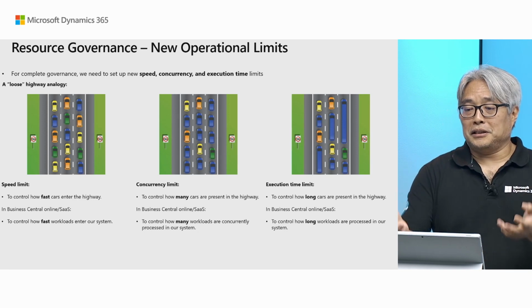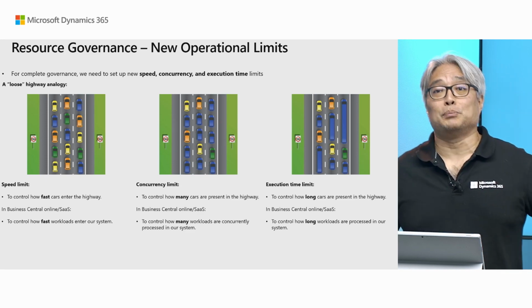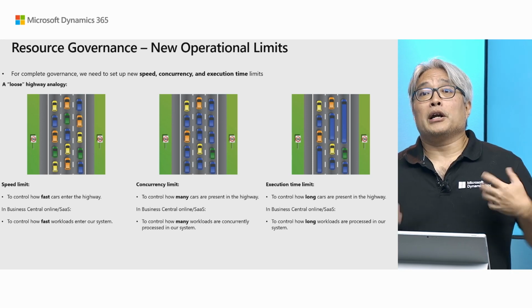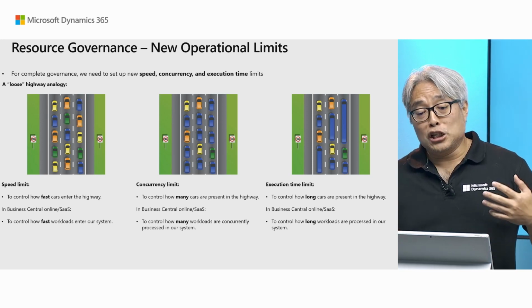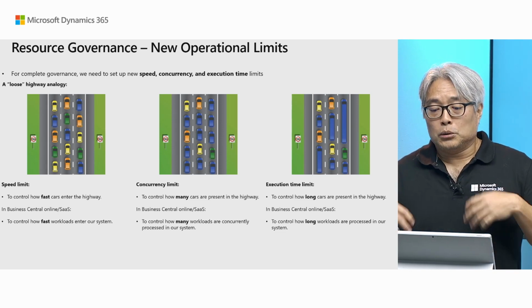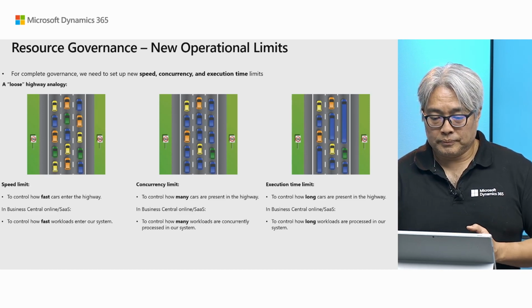And you can imagine the capacity of the highway filling up with these long stretch blue cars. That essentially represents a long-running workload in our system. So we need a new limit, in addition to the speed and concurrency limits, which is the execution time limit, to control how long workloads are processed in our system.